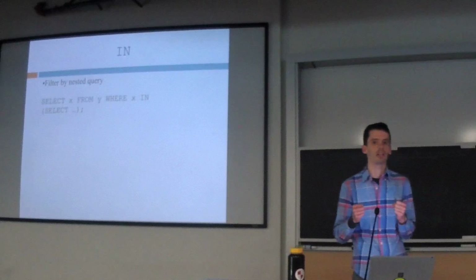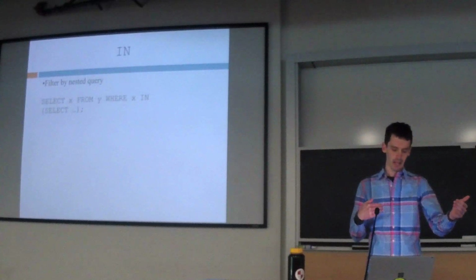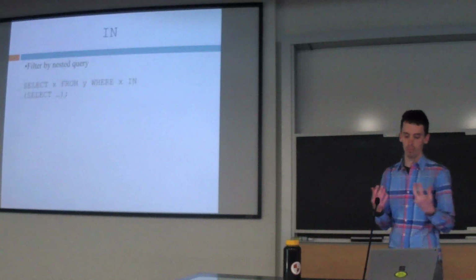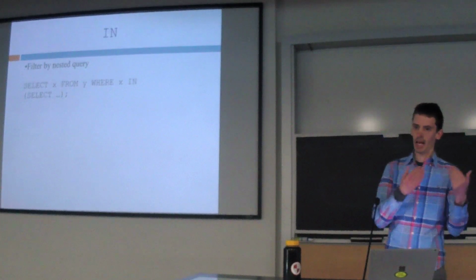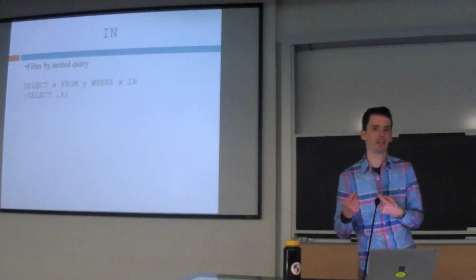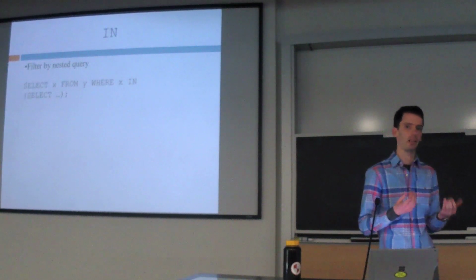This nested query is going to result in some relation, and then I want all of the things from y where the x's are also in the nested query. So this sounds more directly like an actual intersect.